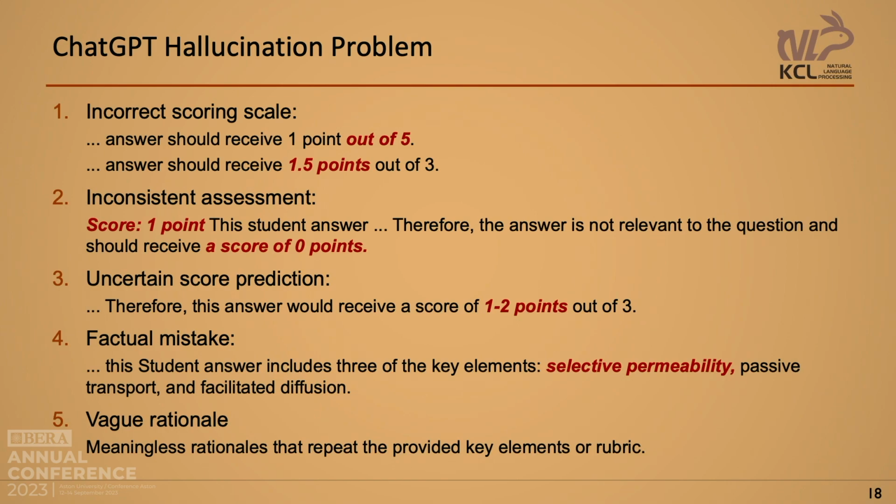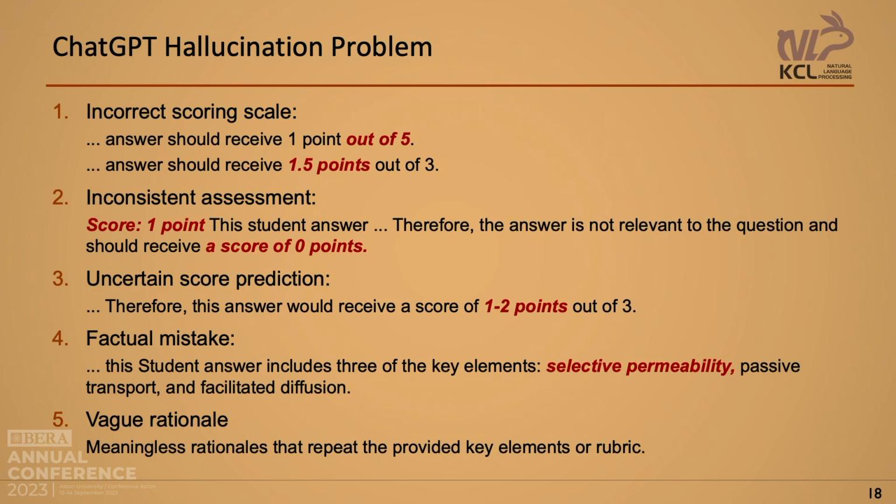We summarize that there are five different situations here, like incorrect scoring scale. The top of the rubric would be 3, and there are no half points. But ChatGPT sometimes gives out of 5 and 1.5 points. There's also inconsistent assessment we observed from this data, and uncertain score prediction.